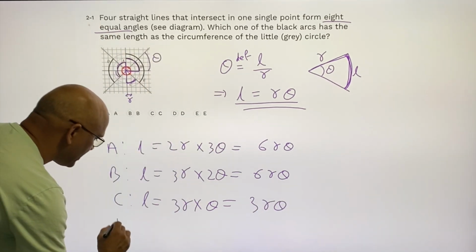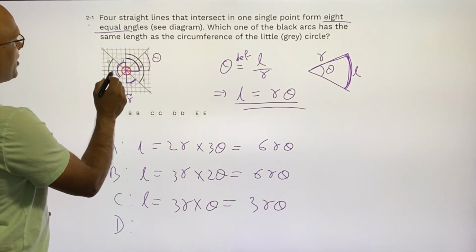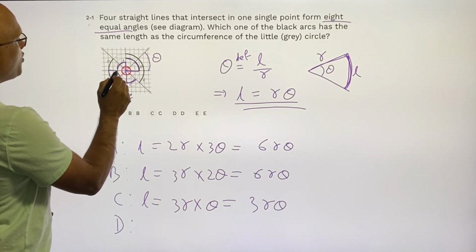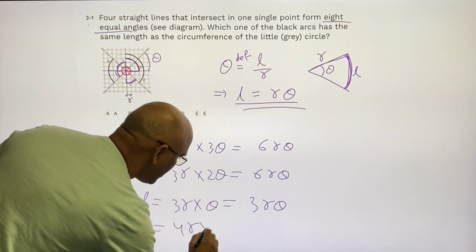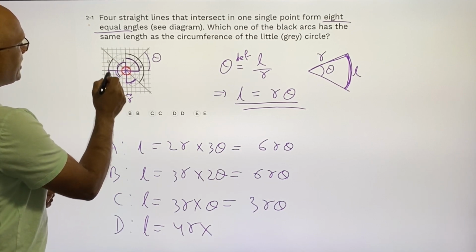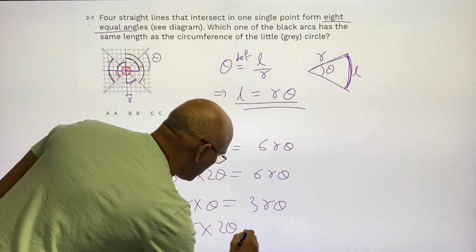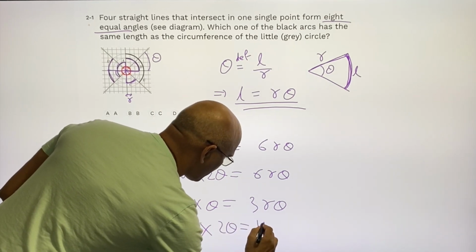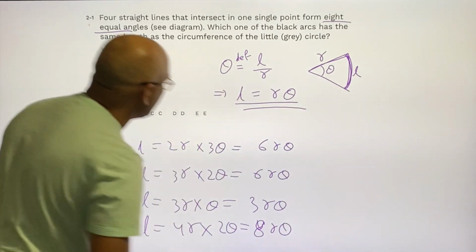Okay, let me see D now. D is going to be this one, and the radius is going to be 1, 2, 3, 4. L is equal to 4R times how many theta? You can see this is 1 theta, this is 2 theta. This is going to be 8R theta.